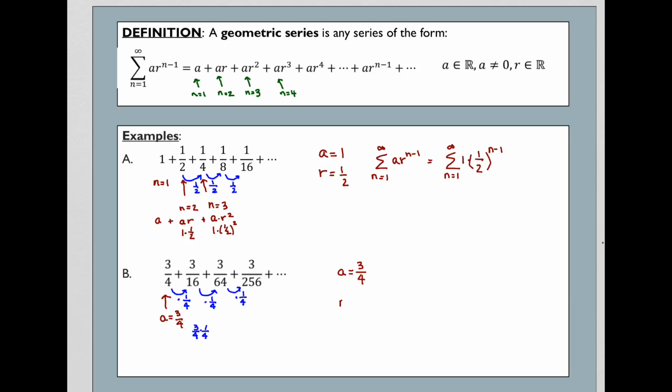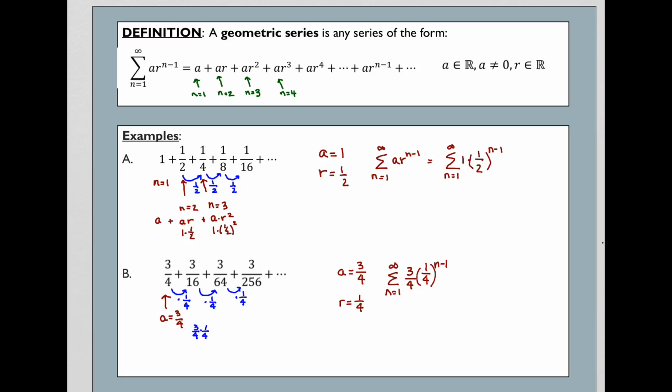So r is the value that I'm multiplying by to get the next term. If I want to express this as a summation, I would write n equals 1 to infinity of a, with my a value in there, times r to the n minus 1.